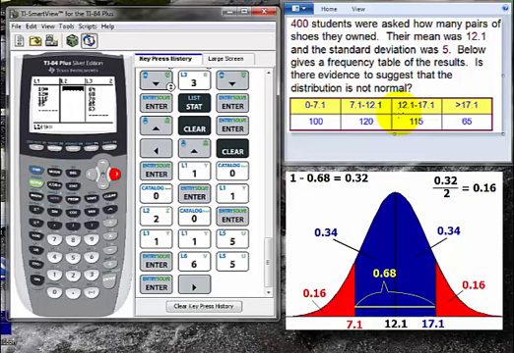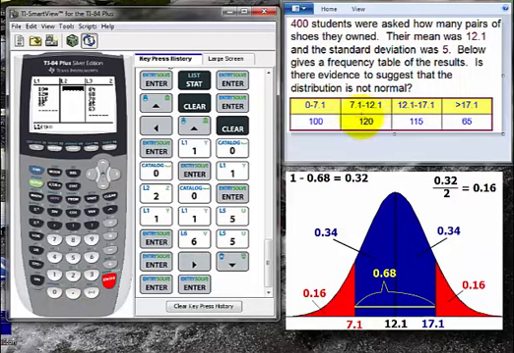So we would expect 34% of the sample to lie within 7.1 and 12.1. So that means in these two intervals, between 7.1 and 12.1 and between 12.1 and 17.1, because of symmetry of normal distributions, that should be 34% of the data each.